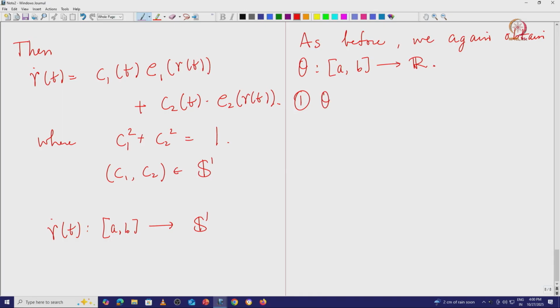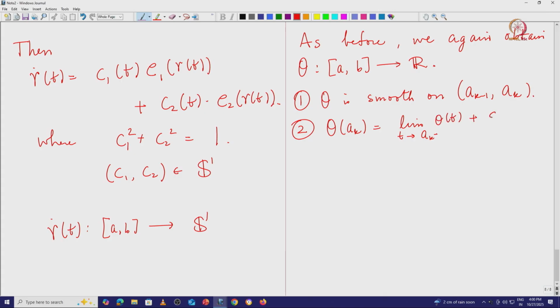So, one, theta is smooth on the open intervals where gamma is smooth. Then at the boundary points, at the non-smooth points, I again extend theta as before using the external angles.